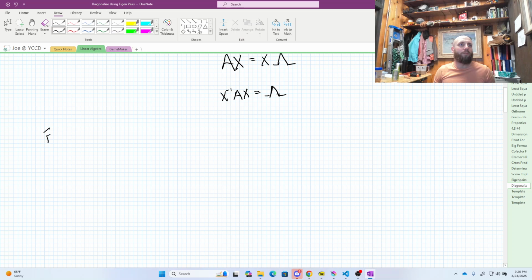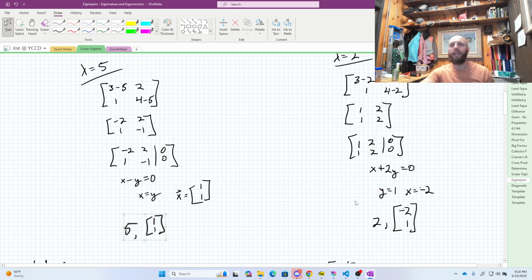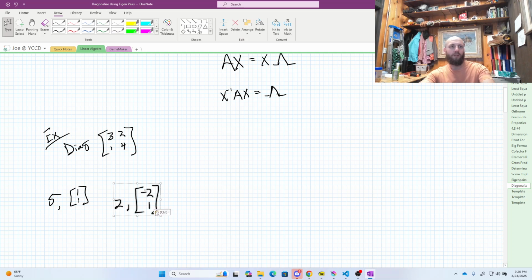Here's my example. I'm going to diagonalize, and I can't spell diagonalize, so you'll have to forgive me there. The matrix I'm going to diagonalize is 3, 2, 1, 4. I already found the eigenpairs. There's one, and here's the other one. Okay, so those are my eigenpairs.